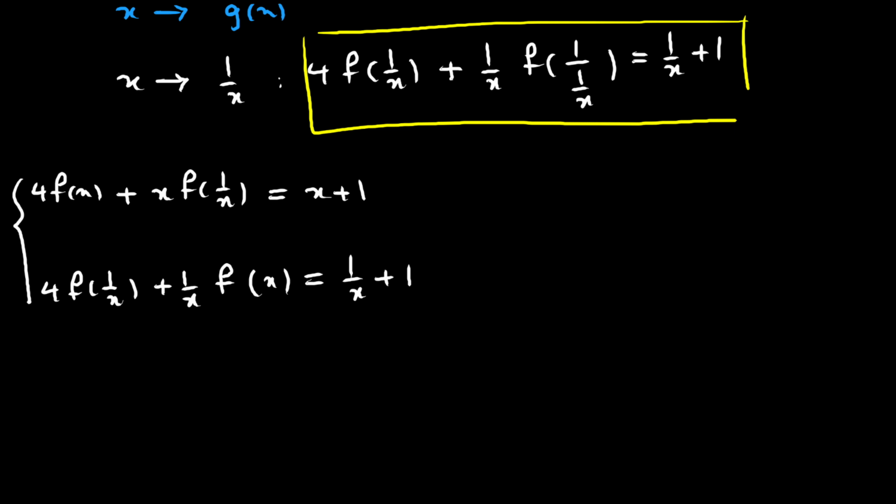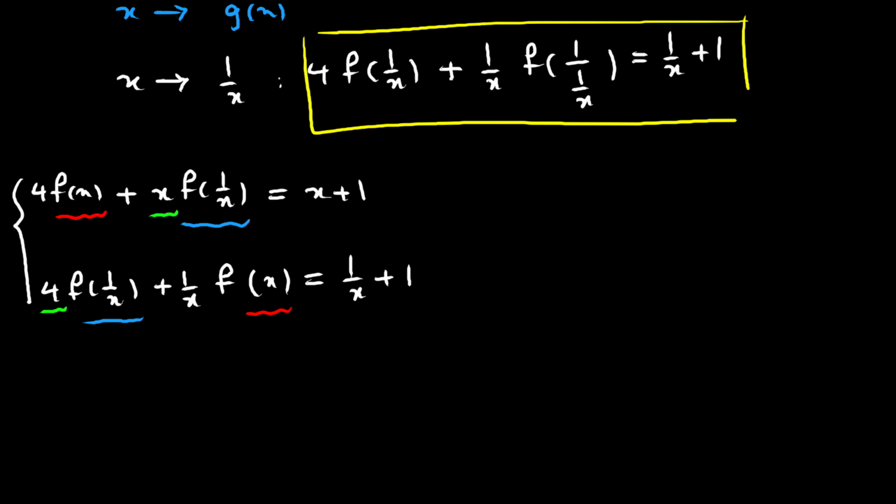Now, notice that in both of these two equations, we have f of x and we have f of 1 over x. So basically, we have a system of equations in terms of f of x and f of 1 over x. And since we want to solve for f of x, we need to get rid of f of 1 over x. But we have x as the coefficient of f of 1 over x in the first equation, and we have 4 in the second equation.